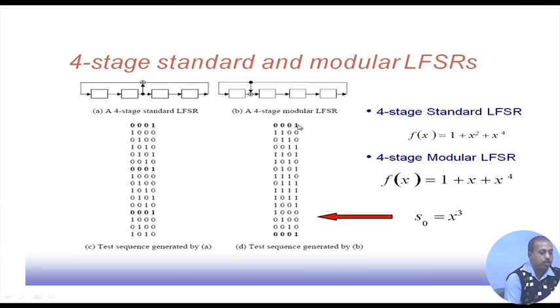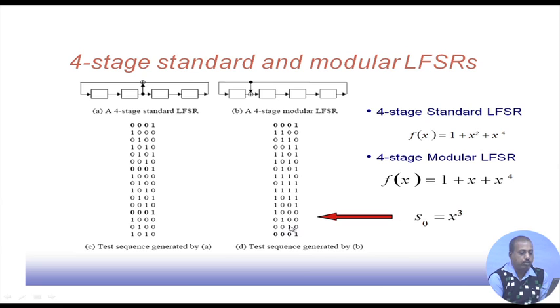The 0 and 1 are XORed, so you get a 1 at this point. This way the shifting goes on, and interestingly this gives a much longer sequence. It repeats itself after generating 15 patterns; the 16th pattern is repeated. So, it has got a periodicity of 16.